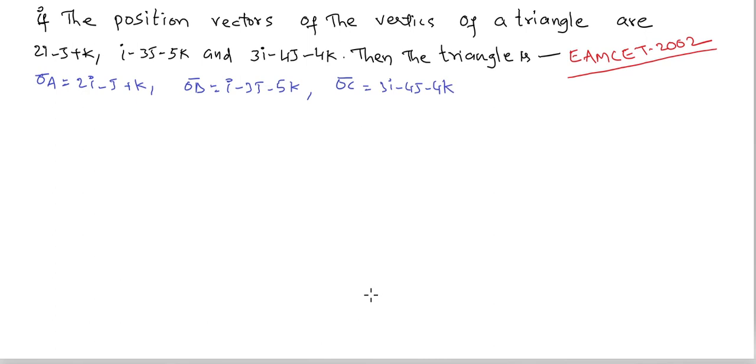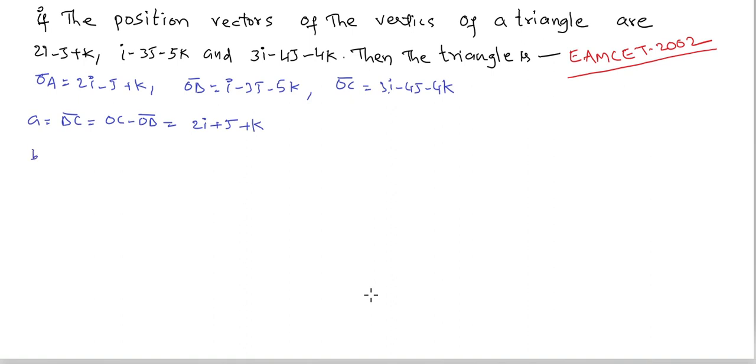Now we find the sides of the triangle. A is equal to BC, that is BC bar, that is OC bar minus OB bar, which is 3i minus i, minus 4j plus 3j, minus 4k plus 5k.